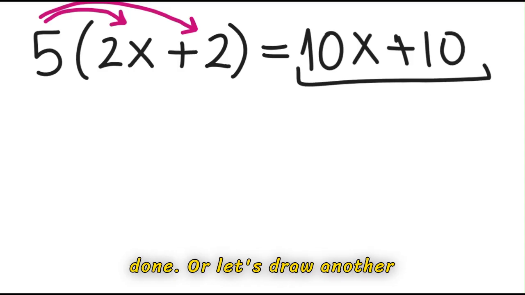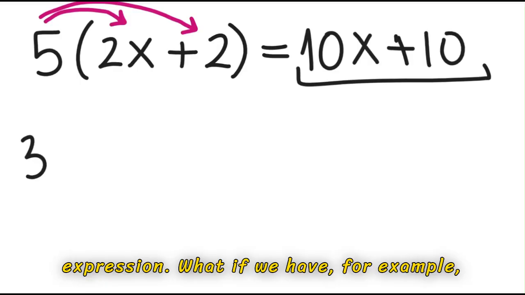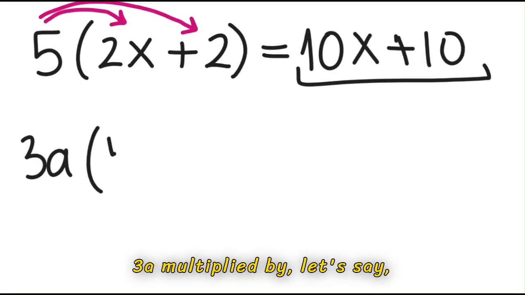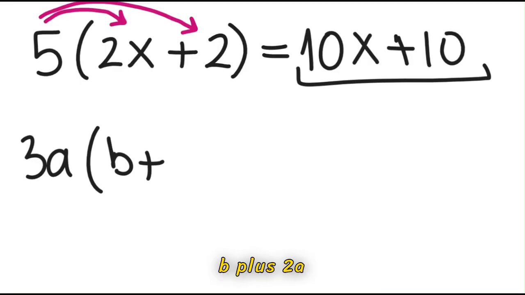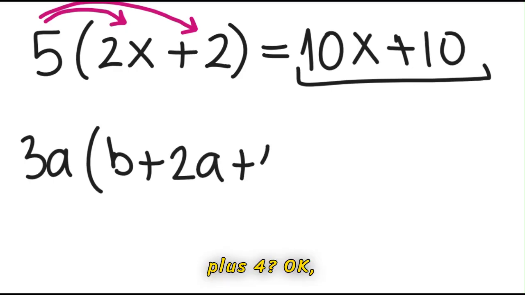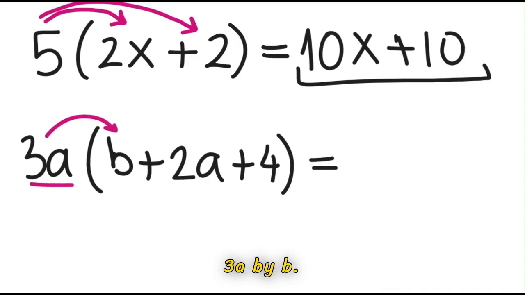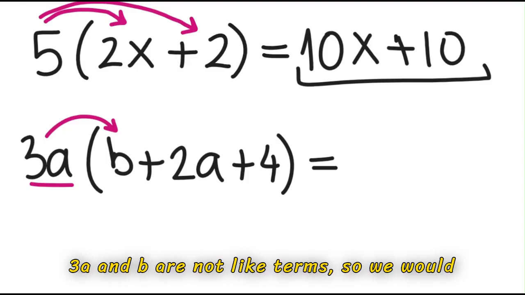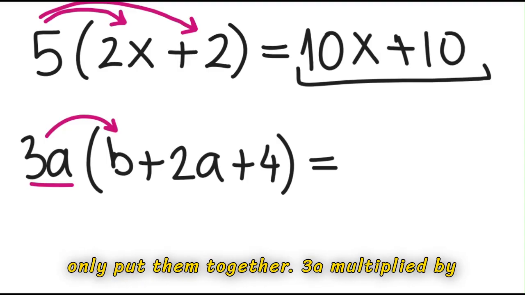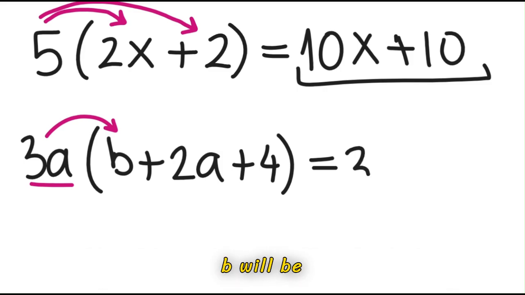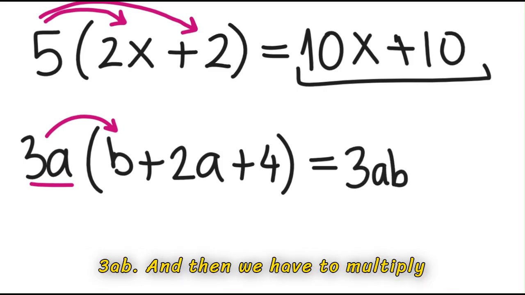Or let's try another expression. What if we have, for example, 3a multiplied by, let's say, b plus 2a plus 4. Okay, step 1, we would multiply 3a by b. 3a and b are not like terms, so we would only put them together. 3a multiplied by b will be 3ab.